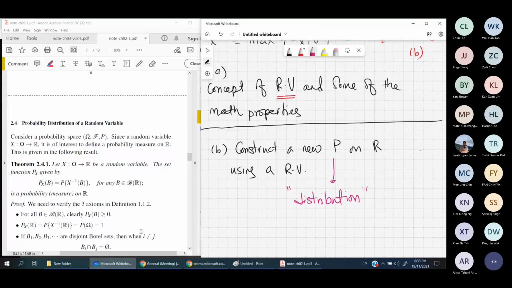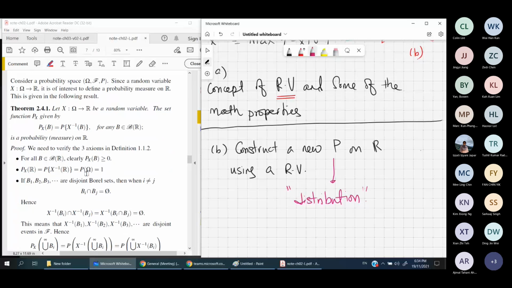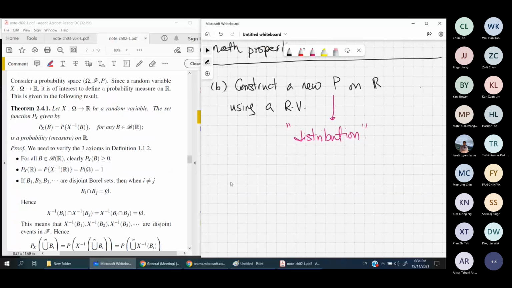Okay, so let's look at the construction first. Before that, we have to ensure the construction is a probability on R. The setting will be like that. First of all, let's say we have a sample space.